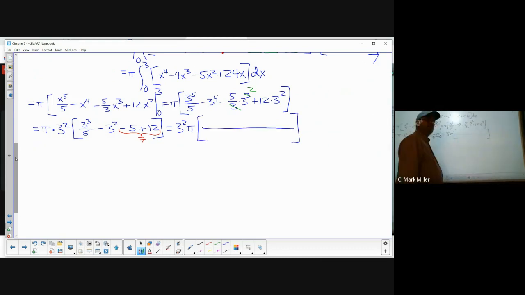common denominator time. What is my common denominator? My common denominator is 5. Right? So 5. And now's a good time to convert some 3's. 3 cubed is 27. 3 squared, this is going to need a 5 on the top, 5 on the bottom. So that's a 9 right there, basically.